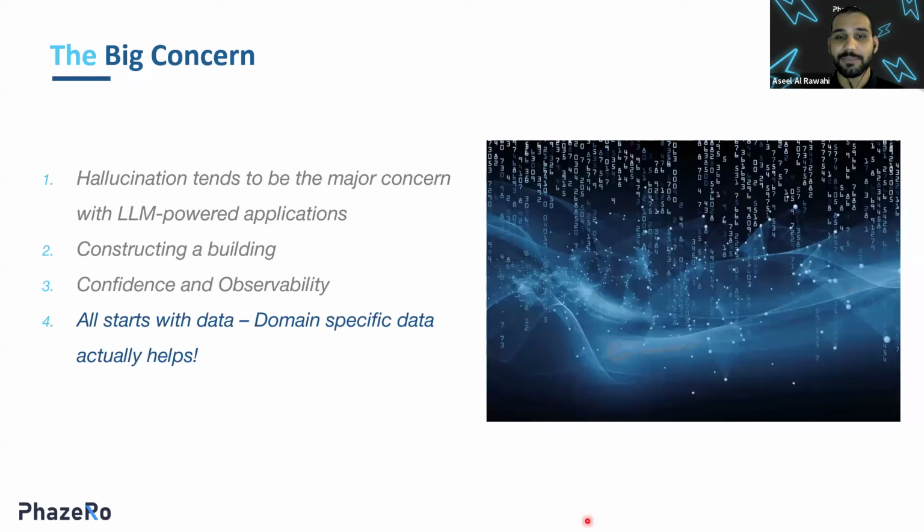So you have to start with the data because the data tells you how efficient your system is. And what we have found here at PhazeRo is that when we have more domain-specific data in our large language model applications, it really helps with the response of our application. And this is one element that can reduce the typical hallucination of large language models.